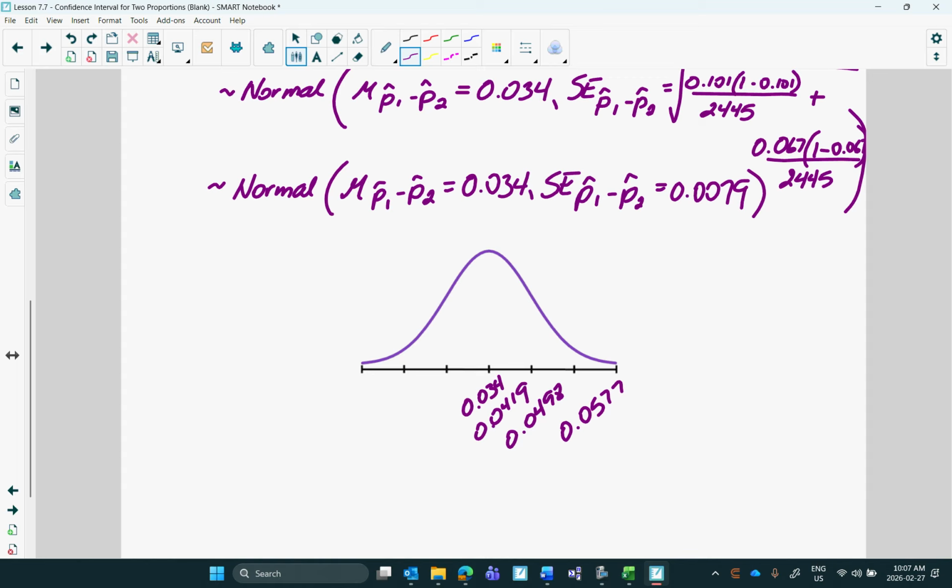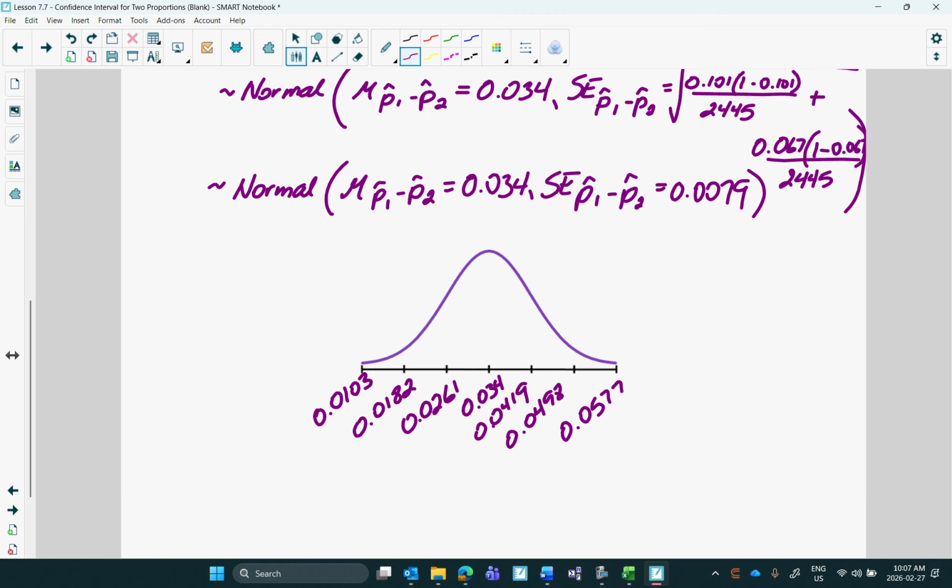Then start here and subtract 0.0079: 0.0261, 0.0182, 0.0103. It looks like actually I've answered the question just by looking at these numbers, because not one of them is negative, is it? So there's no negative difference.